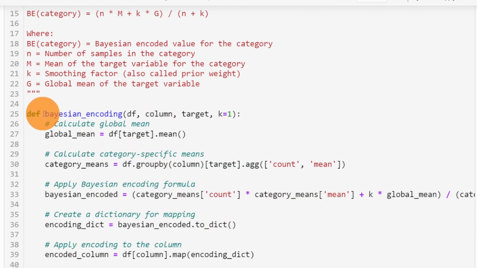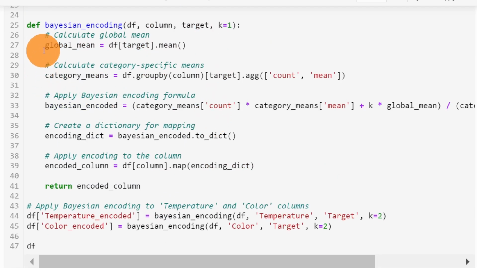So the function that I am using here is taking a data frame as an input, the column that we want to encode, the target, and here the prior weight I am using 1. First, calculating the global mean. Then I am calculating the category means by grouping each category and then aggregating for both count and mean.